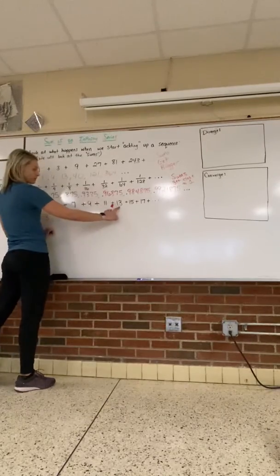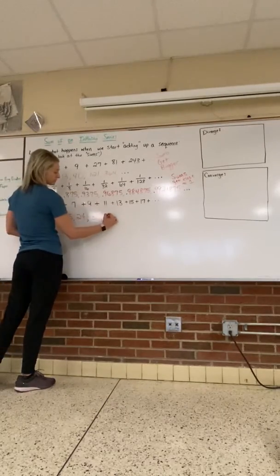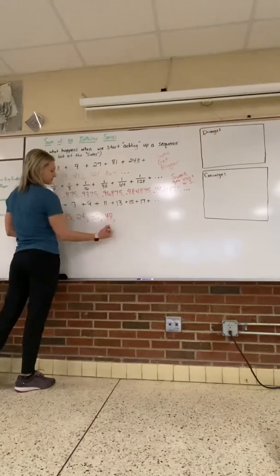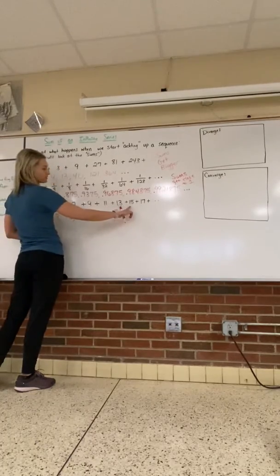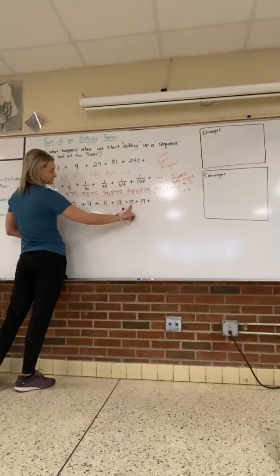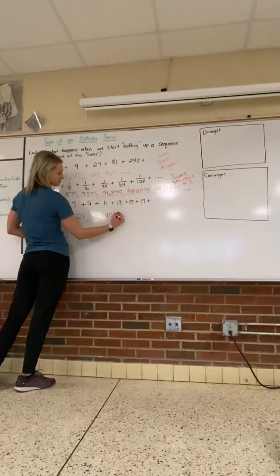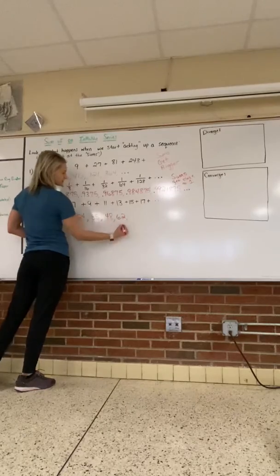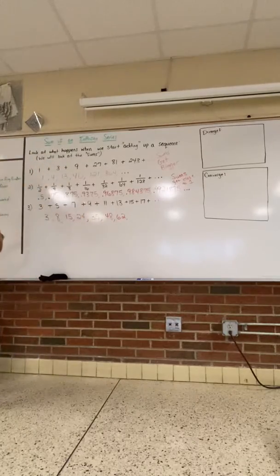35 plus the 13, that would be 48. And then if I take the 48 plus the 15, that would give me, let's see, 62, I believe. Let me just double check because being recorded really throws me off. So I apologize, you guys.